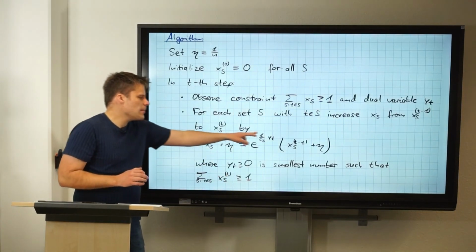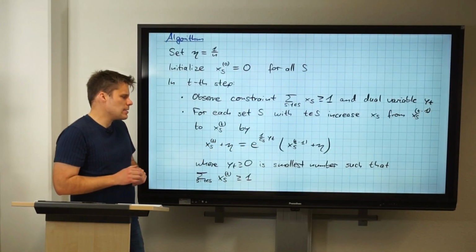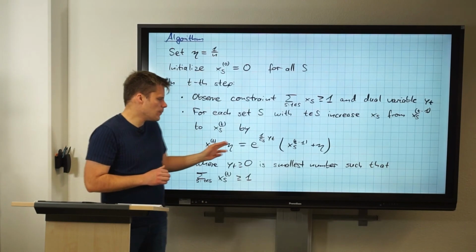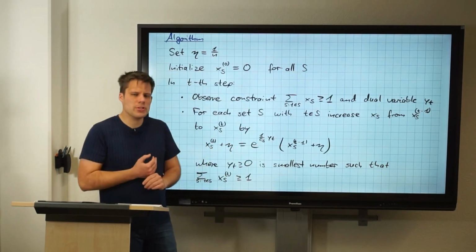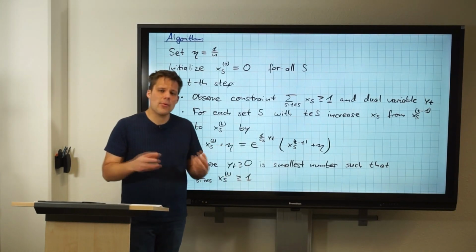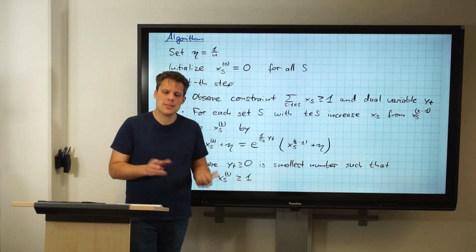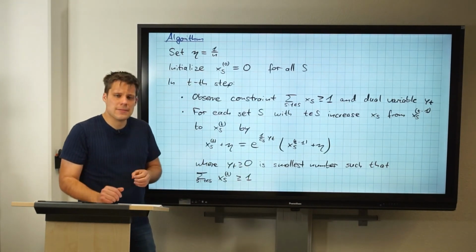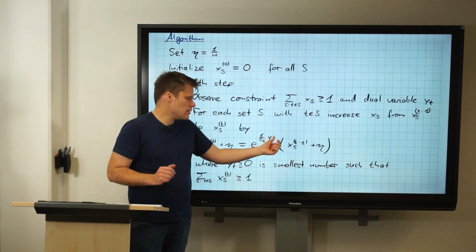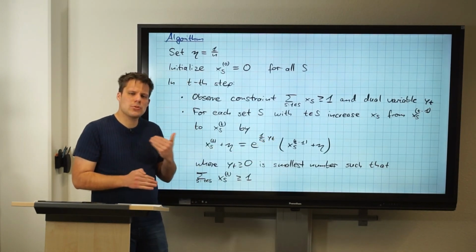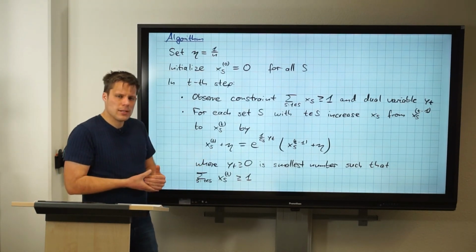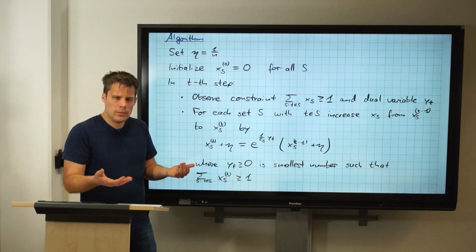The point is we have these multiplicative increases and we want to increase each of the variables so that the increases are somewhat proportional to how big the variables are so far, and also for sets that are more expensive, the increase is smaller than for cheap sets. And the key idea was to keep track of this yt, to choose this yt as small as possible, so that you never actually exceed 1.